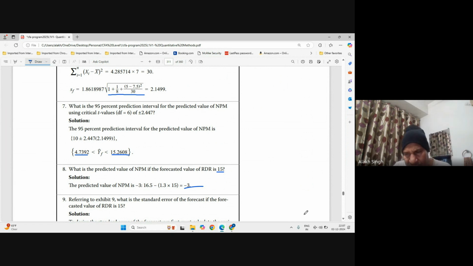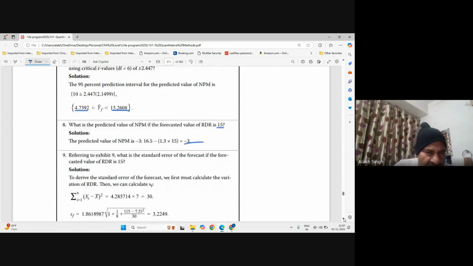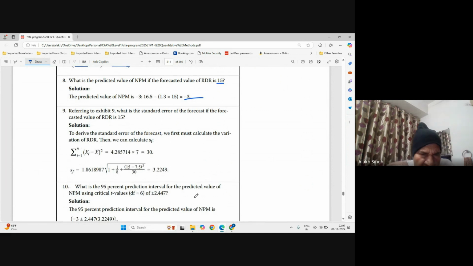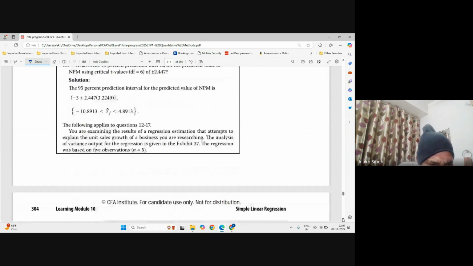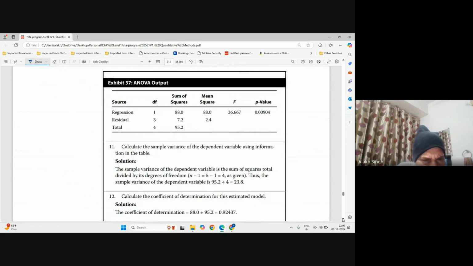Let's go down. This tells us SF comes out to be this. And then for 95% confidence, again we will have 2.447 times this, and we had minus 3, so minus 3 plus minus this. Same repetition.